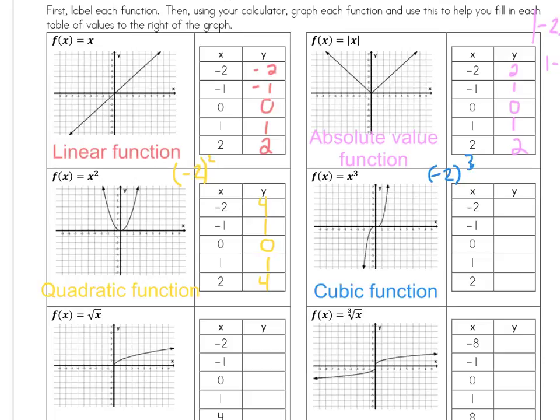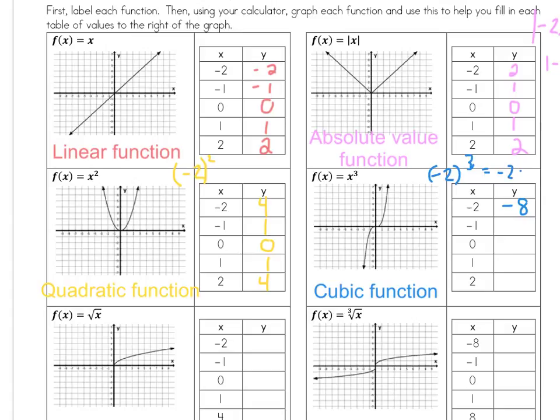All right. So what this actually means is that I'm taking negative 2 and I'm multiplying it by itself 3 times. So negative 2 times negative 2 is positive 4. Positive 4 times another negative 2 is negative 8. So I'm multiplying negative 2 times itself 3 times.